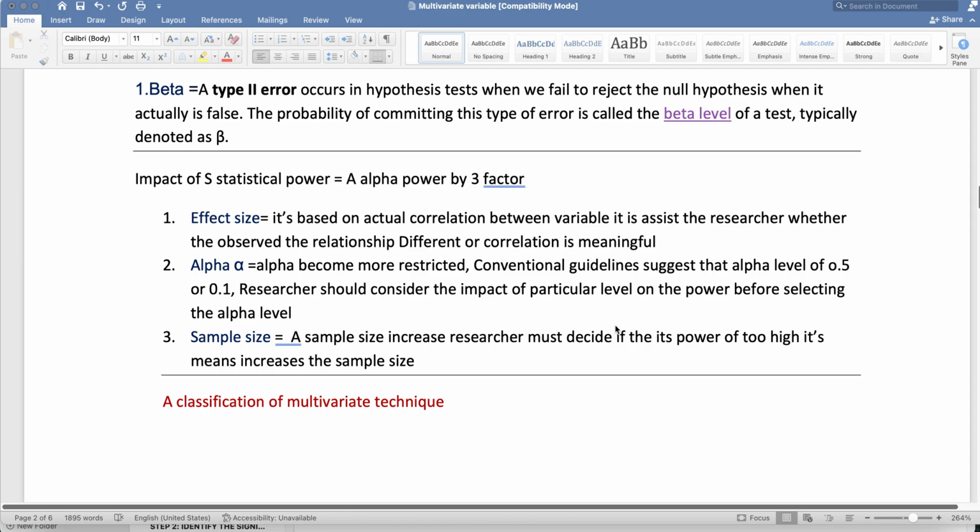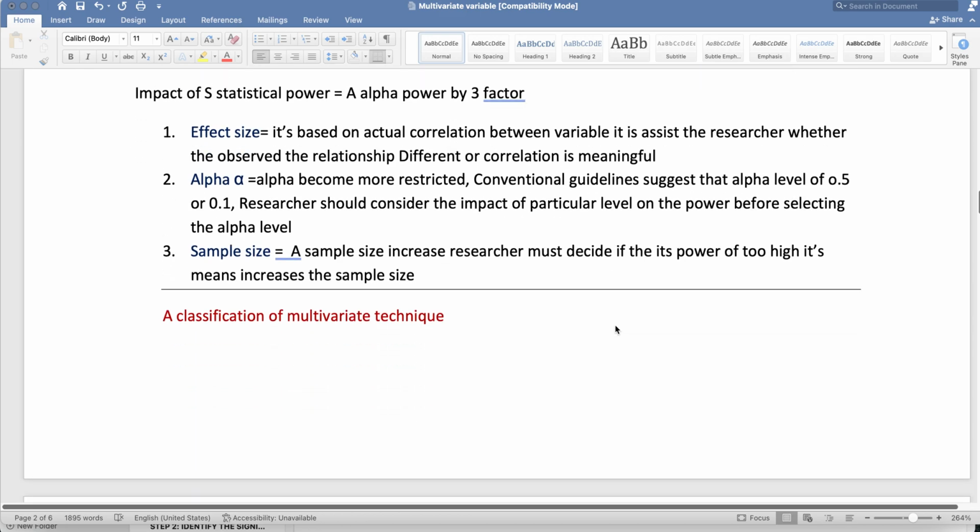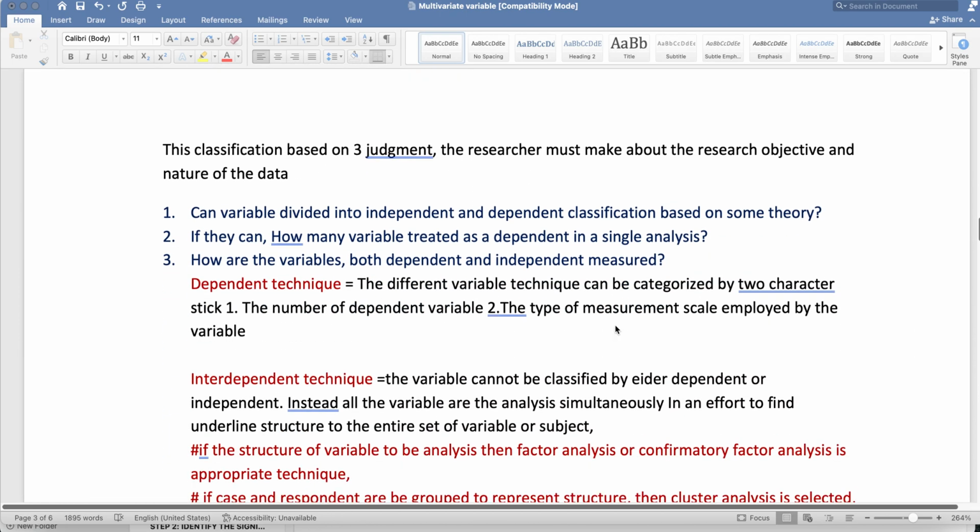Conventional guidelines suggest an alpha level of 0.05 or 0.01. Researchers should consider the impact of a particular level of power before selecting the alpha level. Sample size: as sample size increases, the researcher must decide if the power is too high, which means increasing the sample size.